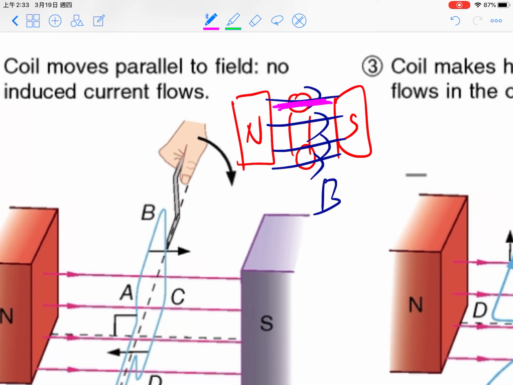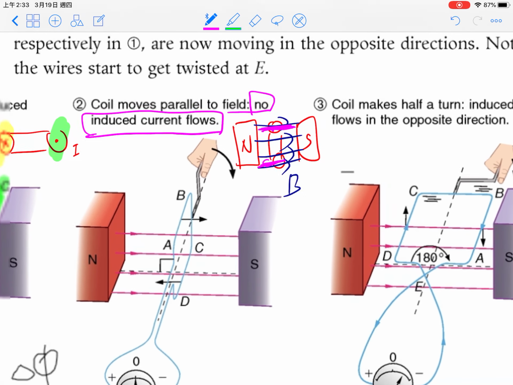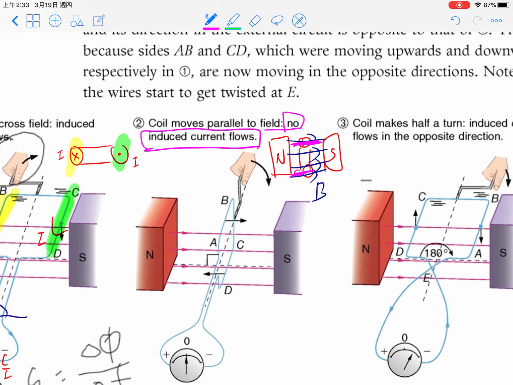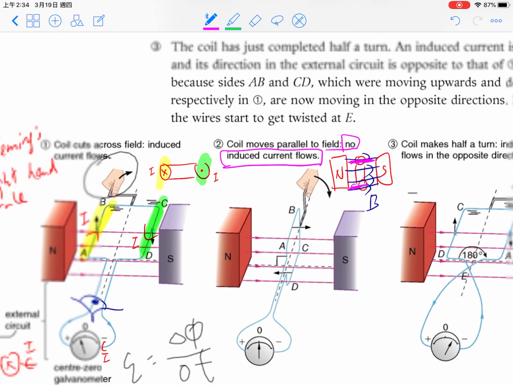The answer is no. If the wire moves to the right-hand side horizontally, it won't cut through magnetic field lines. So we find that no induced current flows. Similarly, if CD moves to the left, it won't cut through B field lines. No induced current. So this is an important finding: if the coil is vertical, there is no induced current.